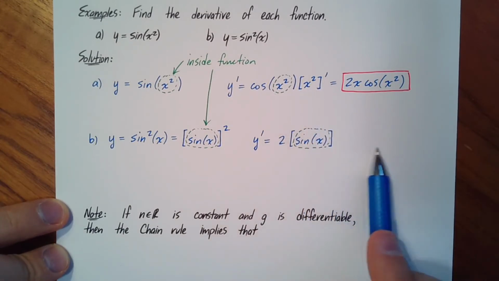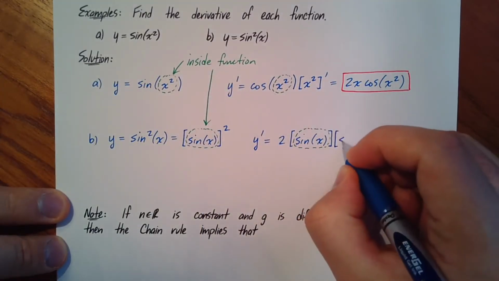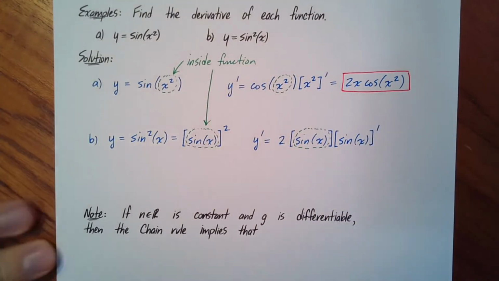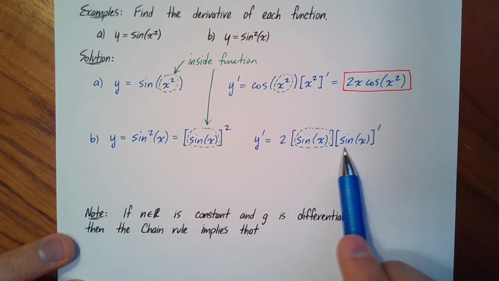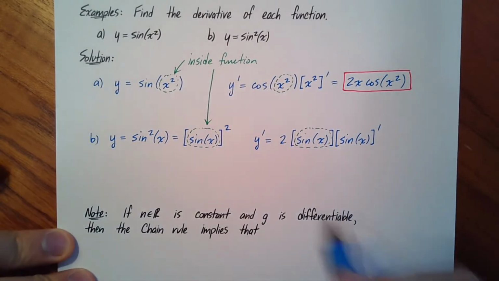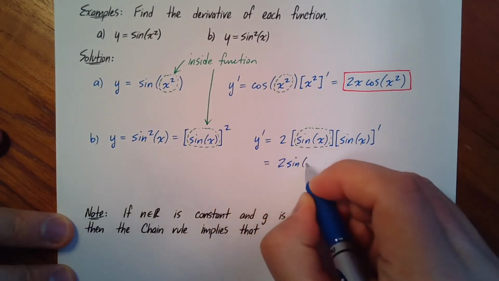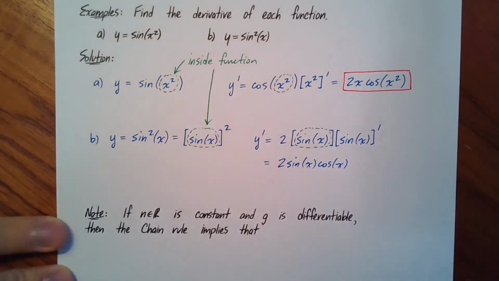We're going to do that here now as well, except this time our inside function is sine of x. So we're going to multiply by the derivative of sine of x. The only derivative we have left is just sine of x, and we know the derivative of sine of x is cosine of x. So what we're going to get is 2 sine of x times cosine of x.